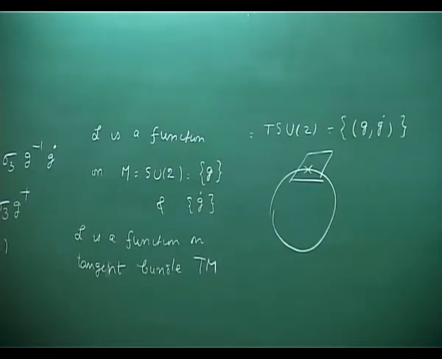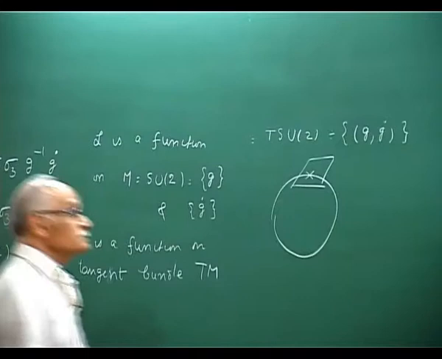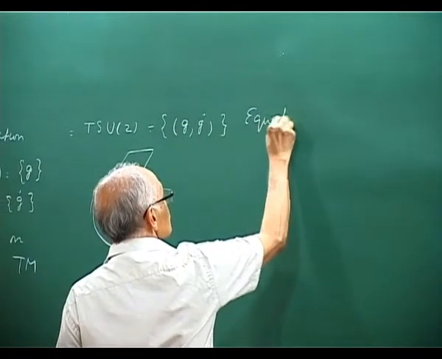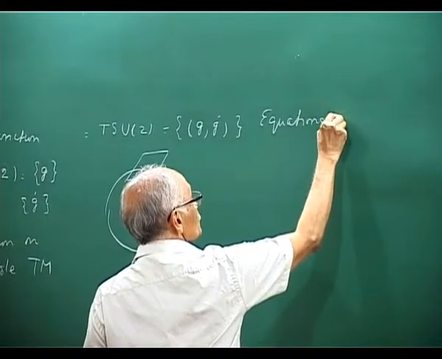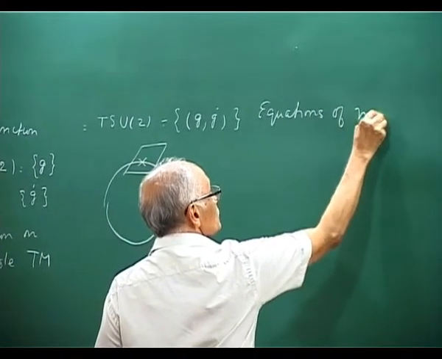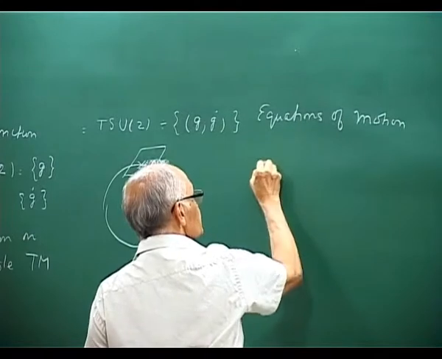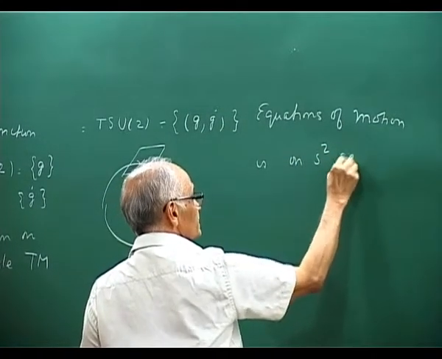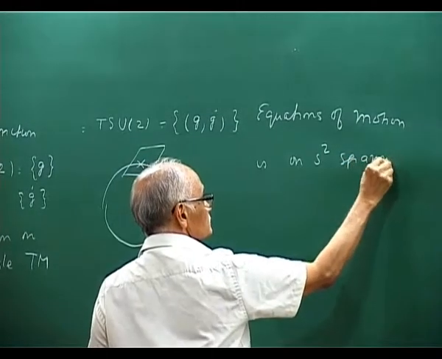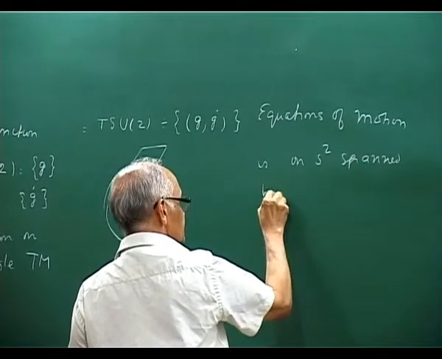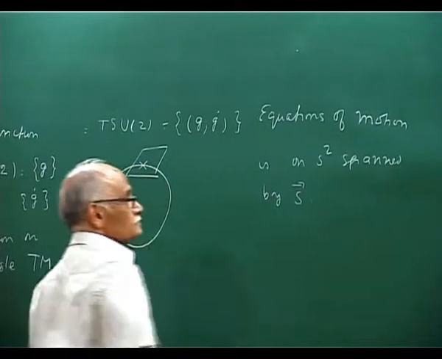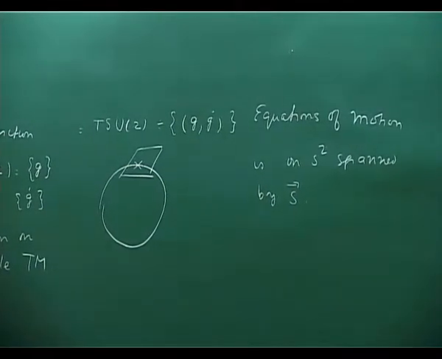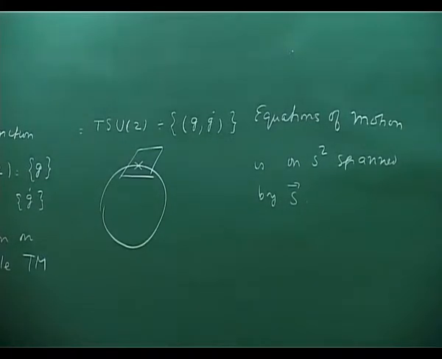But the equations of motion are on S², the two-sphere, spanned by this S. It has no natural configuration space structure.